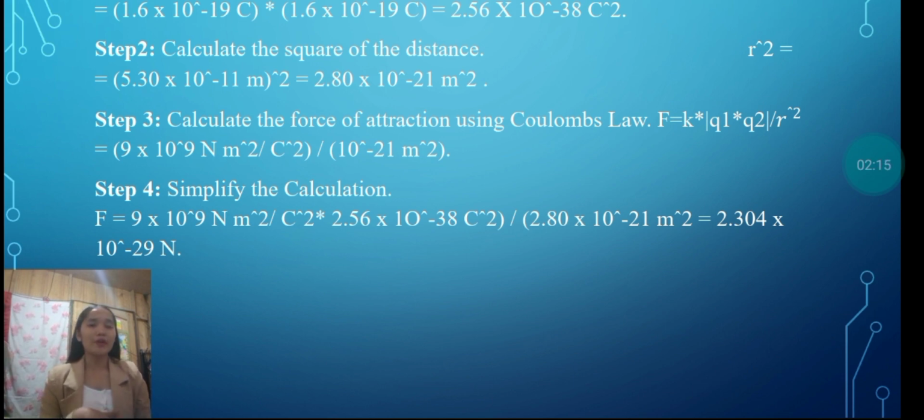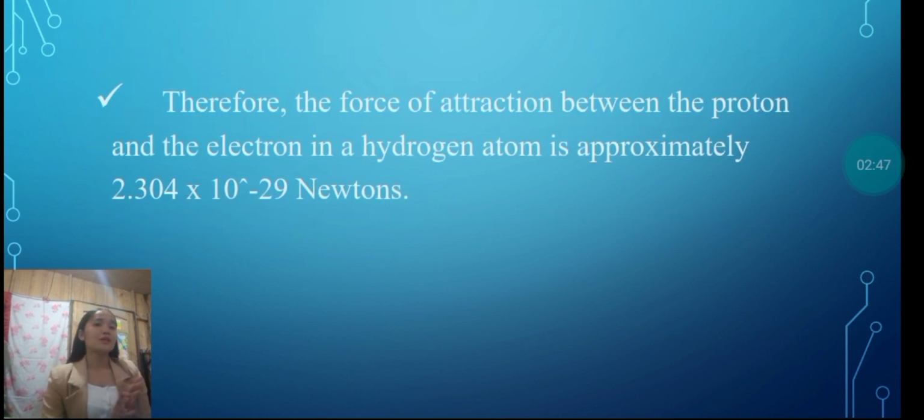F is 9 times 10 to the 9 newton meter squared per coulomb squared, times 2.56 times 10 to the negative 38 C squared, over 2.80 times 10 to the negative 21 m squared, which is equal to 2.304 times 10 to the negative 7 newtons.